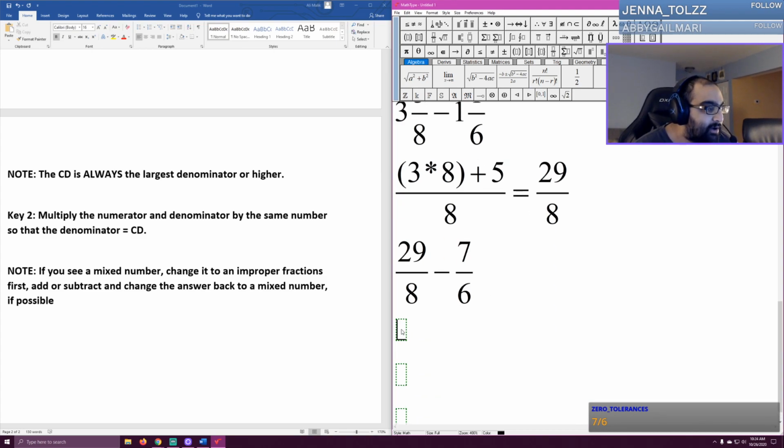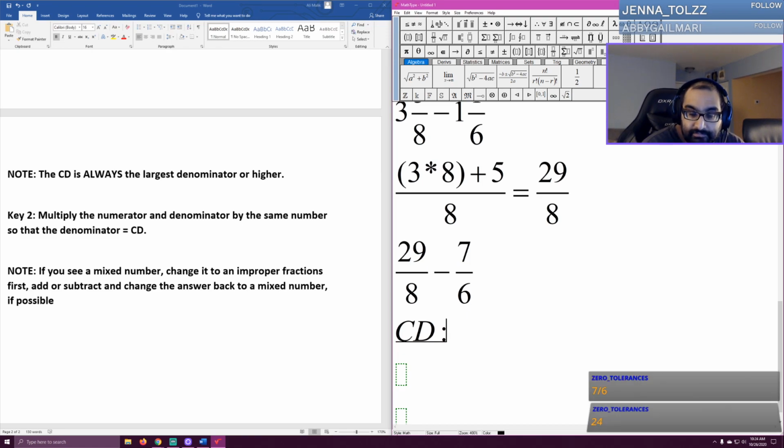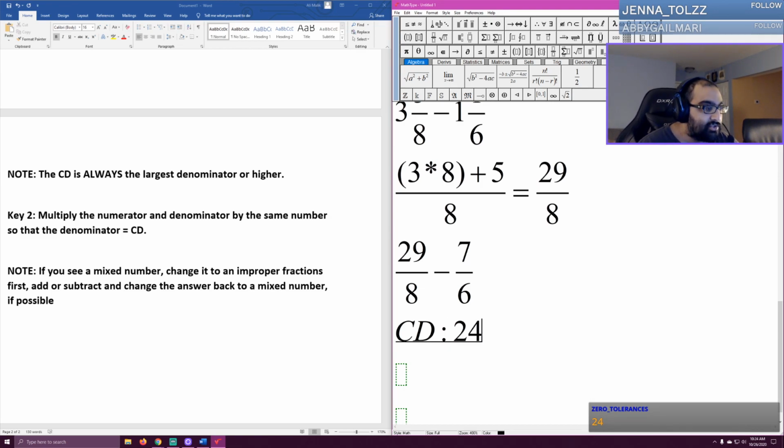Now, let's talk about the common denominator. What's the common denominator for these two fractions? Okay, that's correct. 24. If you don't see 24 right away, that's fine. Again, you start at 8.